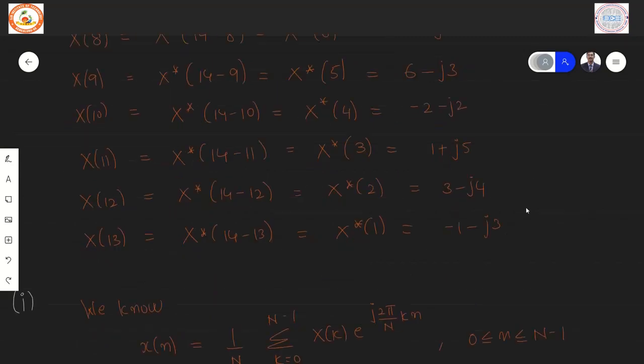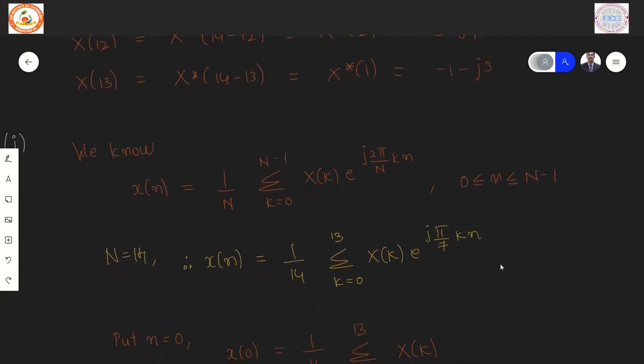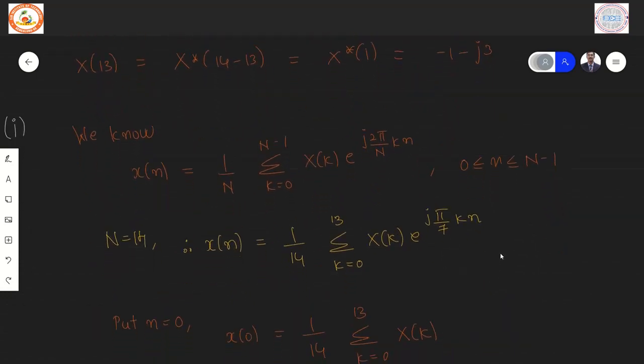Moving on to the next part. Now the question asks you to find small x[0]. The small x is obtained by using the IDFT equation. From the definition of the IDFT, we are aware that the equation is something like this. Now in this equation, we have to insert the value of capital N equal to 14. Therefore, the equation becomes 1/14 times the summation for k = 0 to 13 of X[k] e^(jπkn/7).